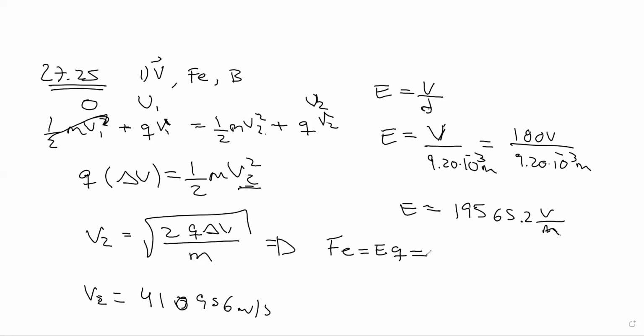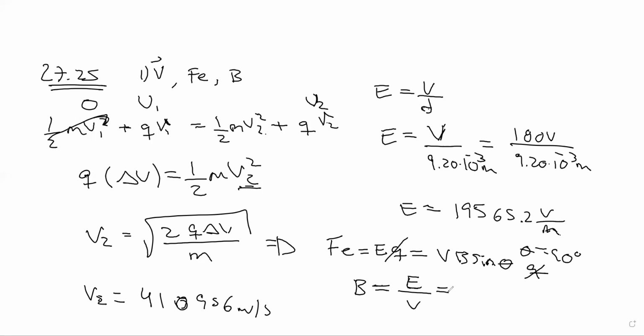So that's going to be v B sine theta, and theta is going to be 90, so sine is 1, times Q. So we can cancel all the Q's here, and we will find that B is going to be equal to the electric field over the velocity.